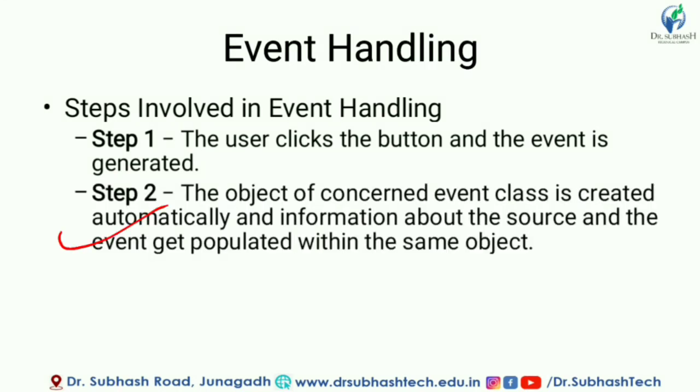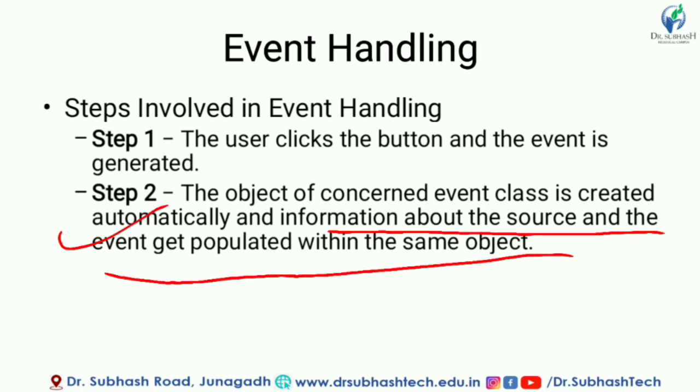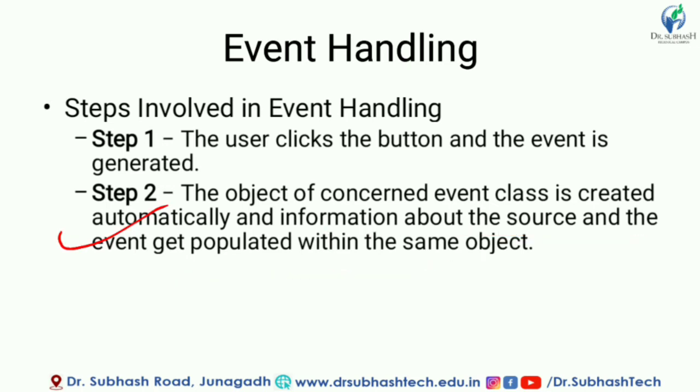In the second step, the object of the concerned event is created. This is an automatic process, and the information about the source and the event gets populated within the same object. For example, in the first step I click on the button, and in the second step the event class object for this button event is created.